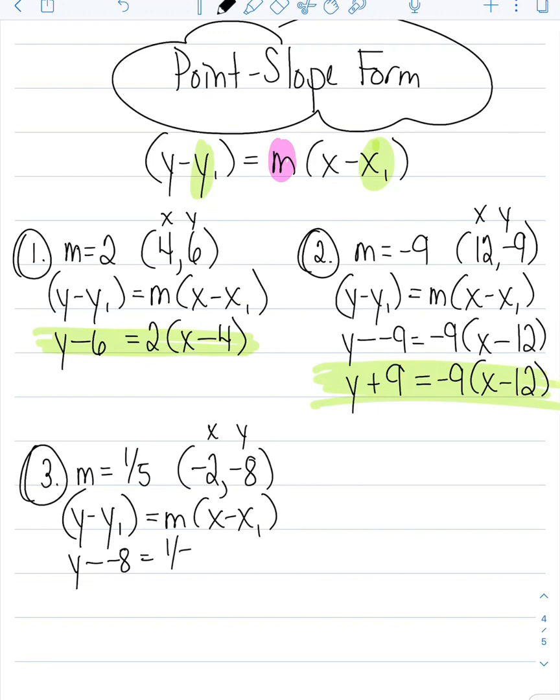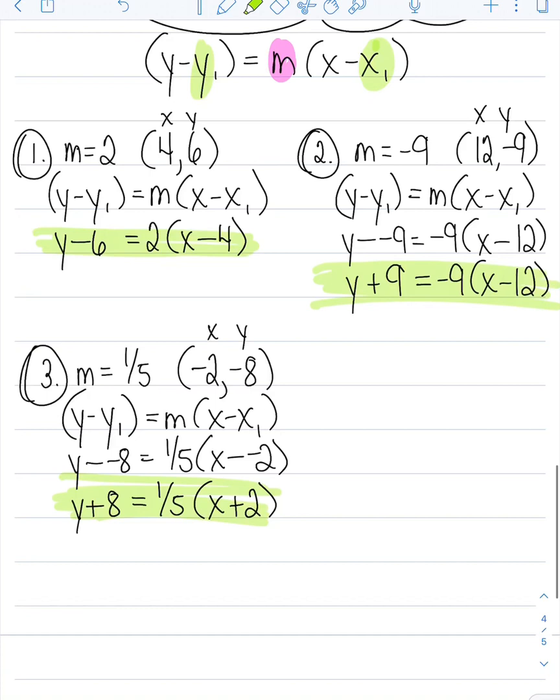My slope is 1/5 times x minus, what is my x? -2. So this simplified is y plus 8 equals 1/5 times x plus 2. So that's our equation in point slope form.